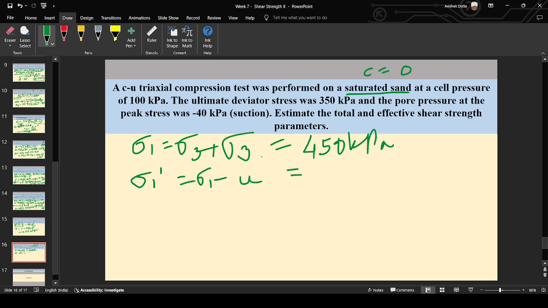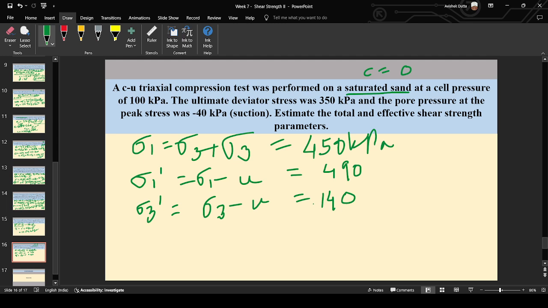Now u is already negative, so it will increase because of suction. It will be 450 plus 40, that is 490. And sigma 3 dash, sigma 3 minus u, will be 100 plus 40, 140.